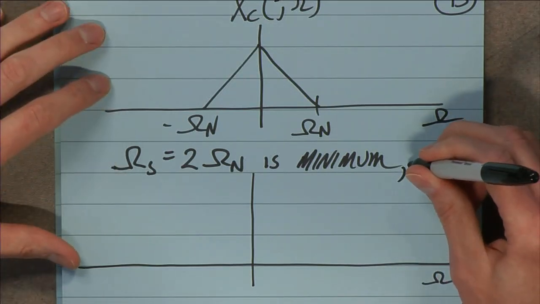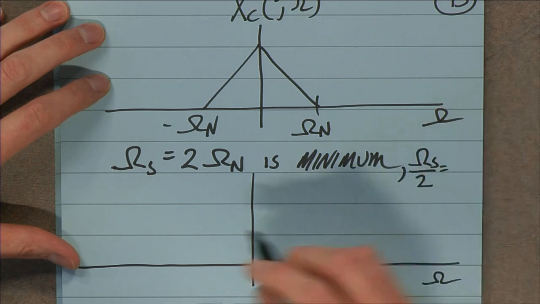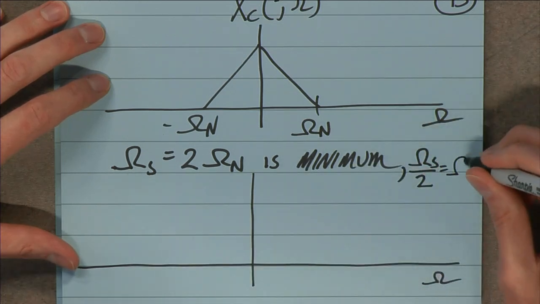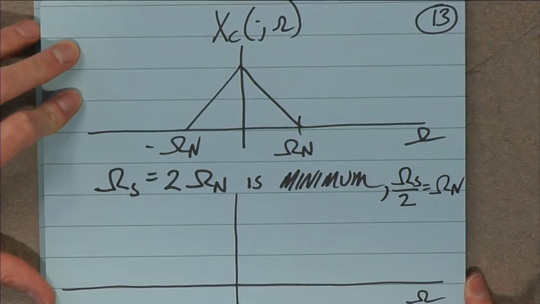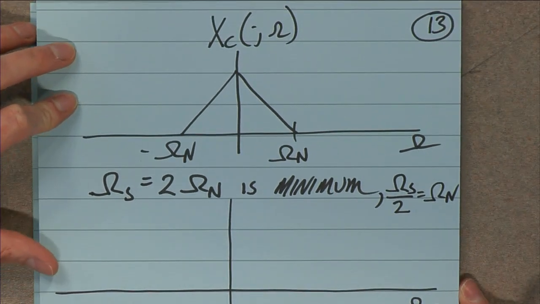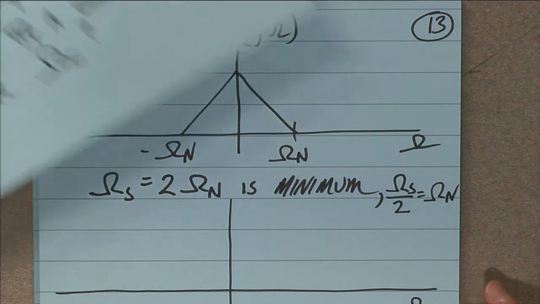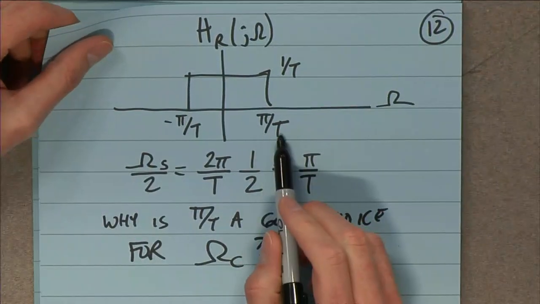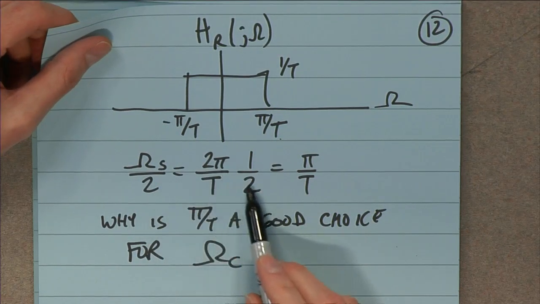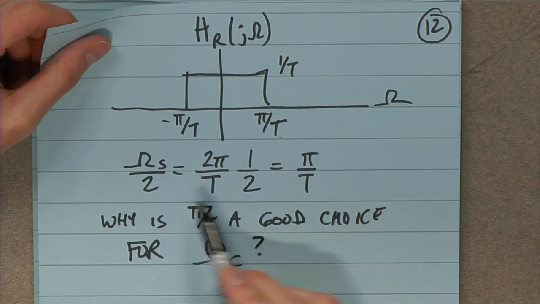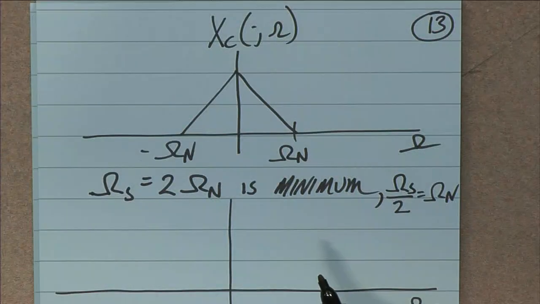That means omega_s over 2, dividing both sides by 2, is really omega_n. Right? So we're making that trade right there. So hopefully that alerts you to why, back here, I asserted pi over T was good, which was omega_s over 2. Crank, crank, crank, that's pi over T. Well, omega_s over 2 is pi over T, so really that's omega_s over 2. And why do we choose that?